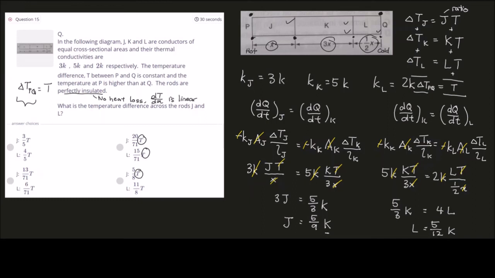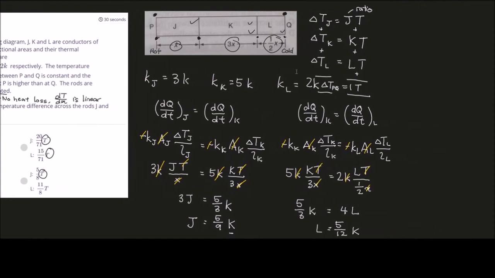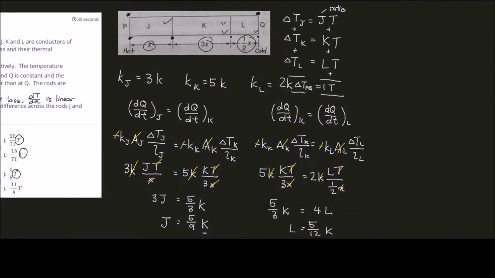So now we know that T is actually just 1T. Okay, let me move this a bit to the side. JT plus KT plus LT is equal to 1T.